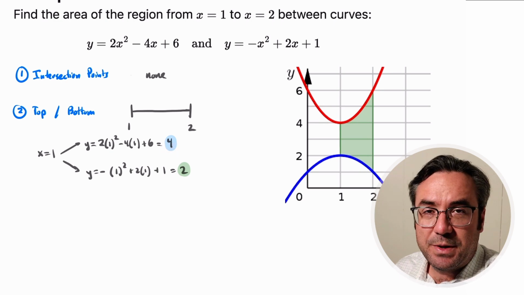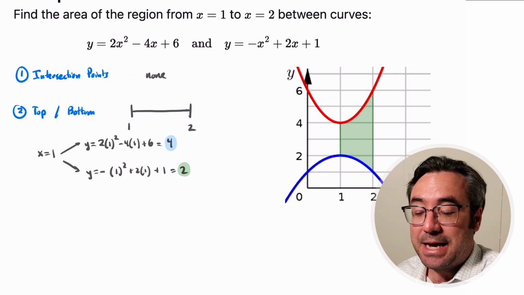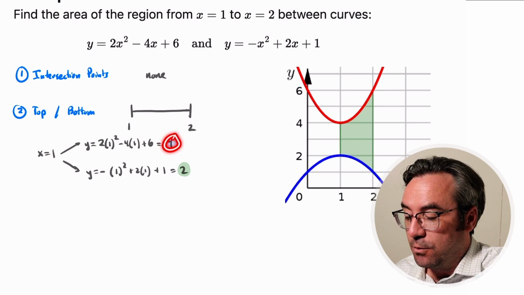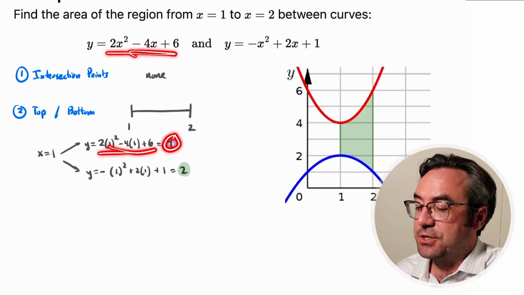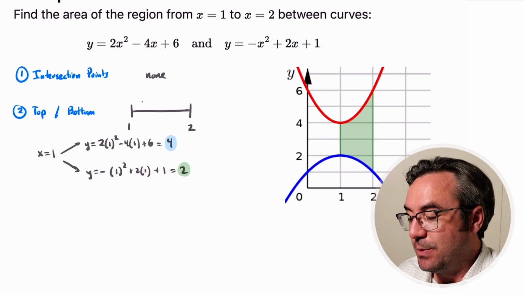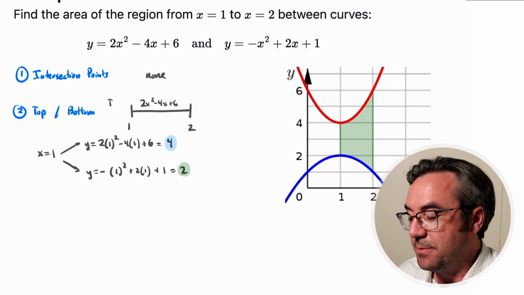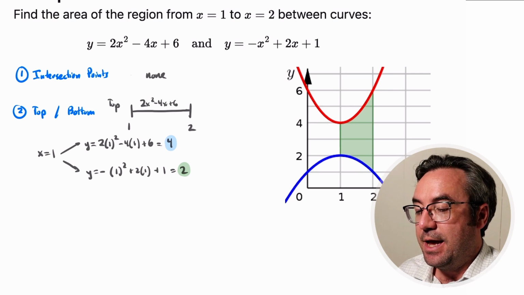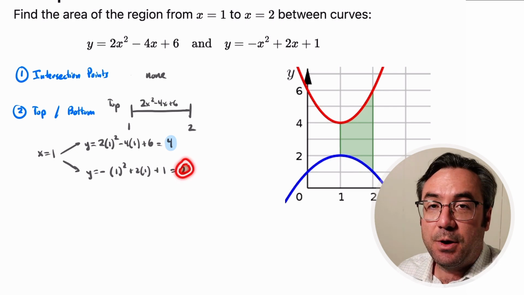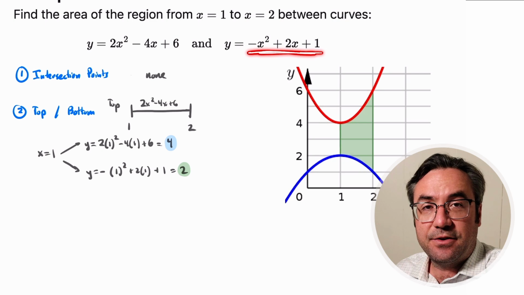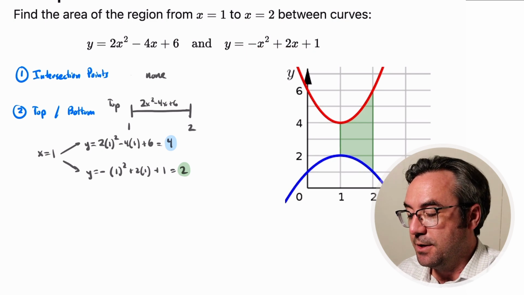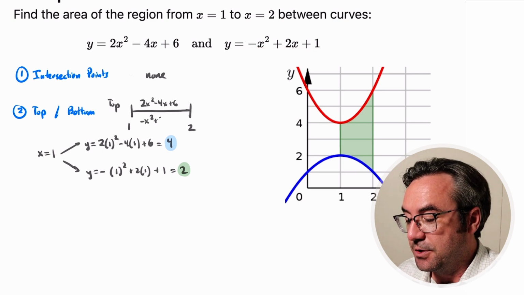So whichever function we plugged in to get that number, that's the top function. So in order to get this 4, we were plugging into the 2x squared function here. So our 2x squared minus 4x plus 6, that's going to be our top function. And the one that gave us the smaller value, that was this negative x squared plus 2x plus 1. So that's going to be our bottom function.